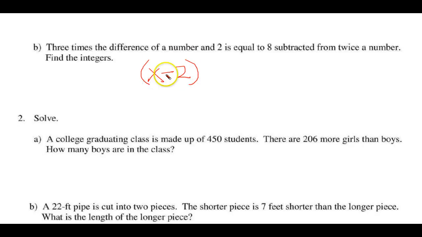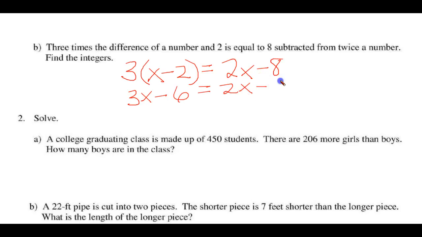Again, we need to put that in parentheses. 3 times this difference is equal to 8 subtracted from twice the number. Well, twice the number, subtract 8. So this is 3x minus 6 equals 2x minus 8.